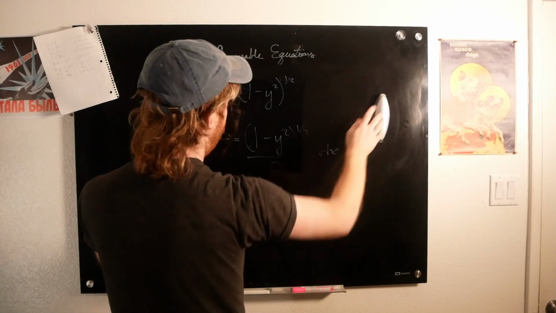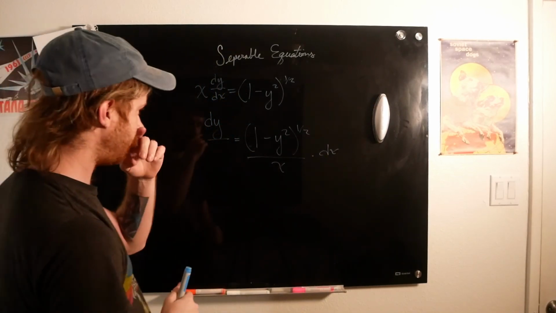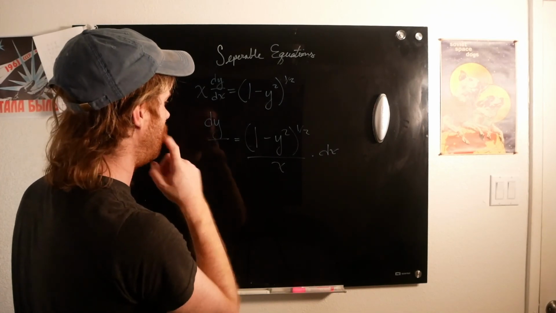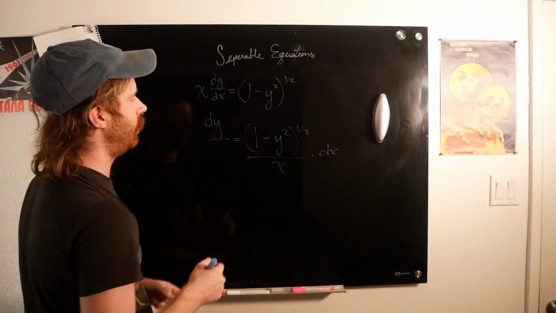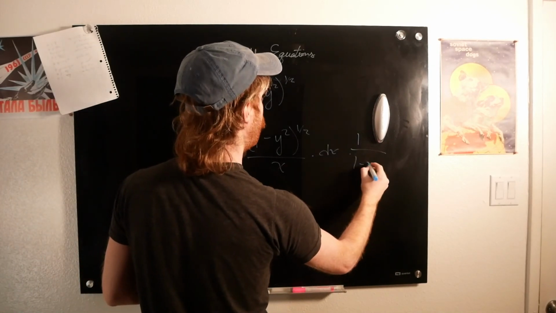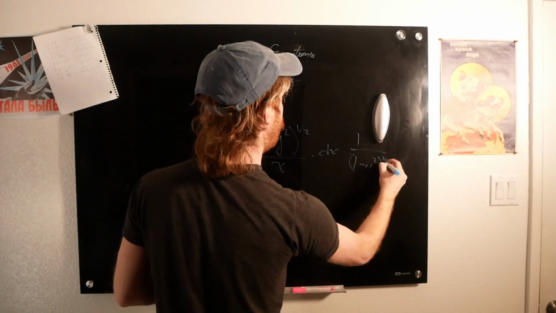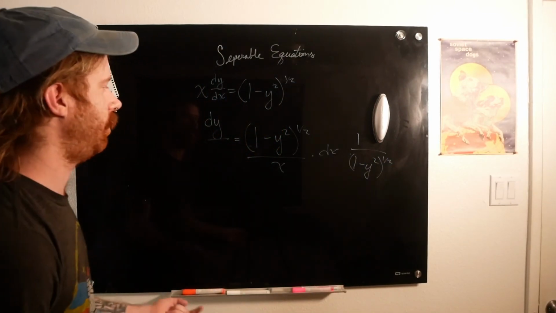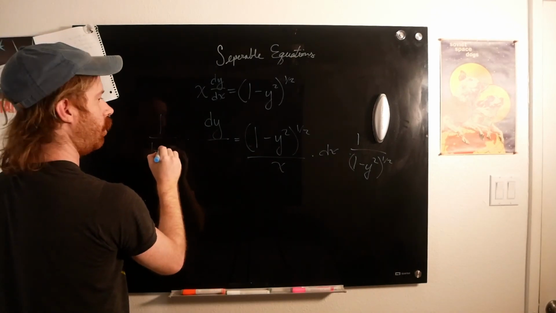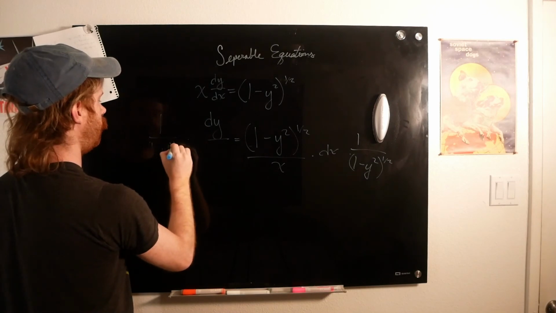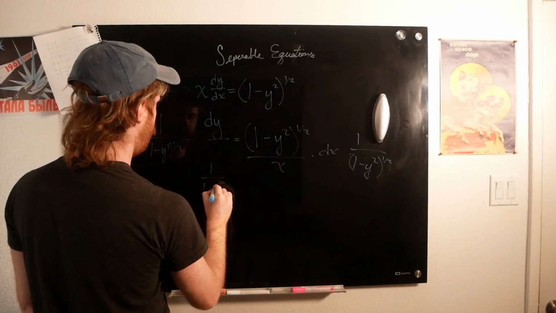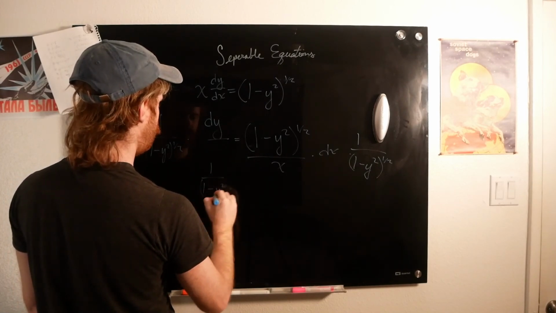Now we've got to do something about this 1 minus y squared to the 1/2 power, right? So let's go ahead and divide both sides by 1 minus y squared to the 1/2 power, which is the same as multiplying by the reciprocal. So this is going to be 1 over 1 minus y squared to the 1/2.